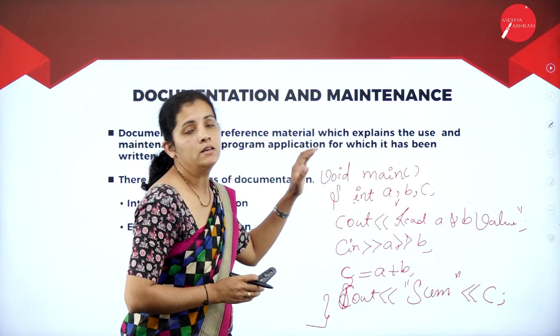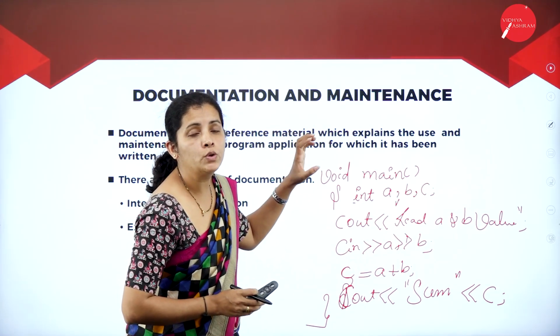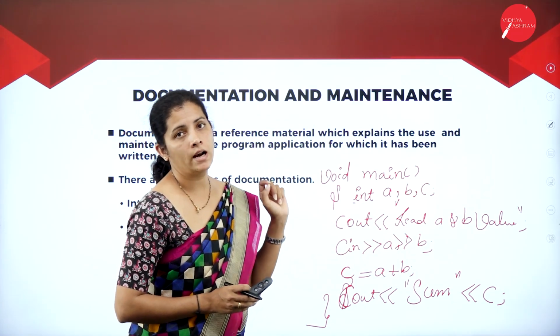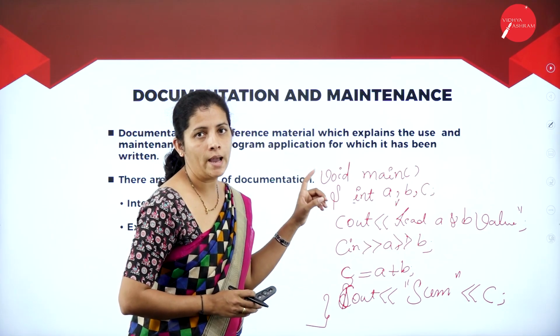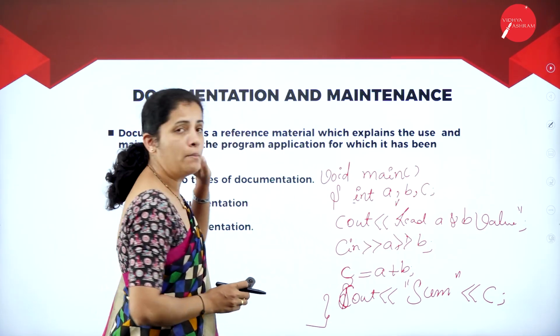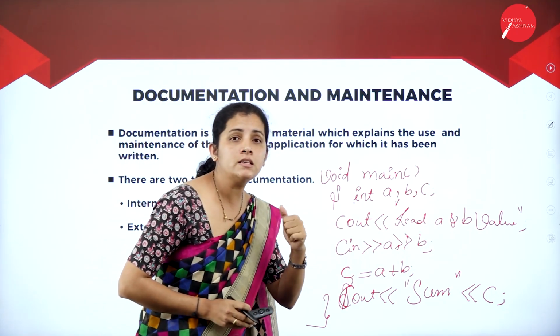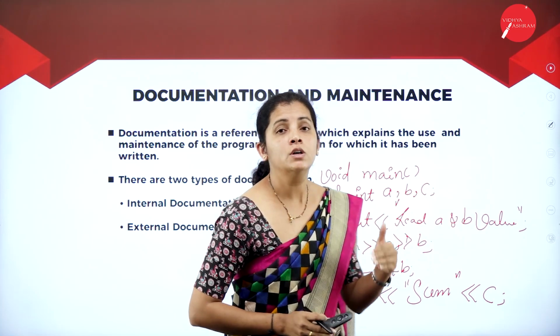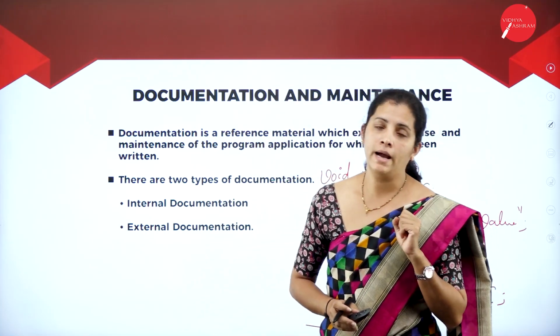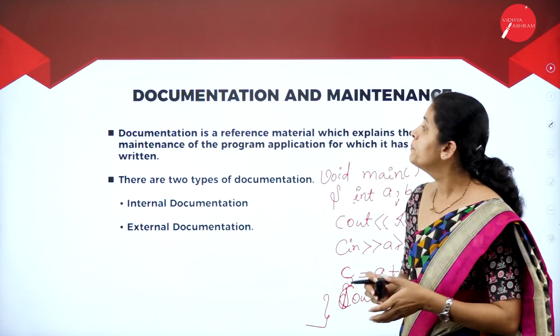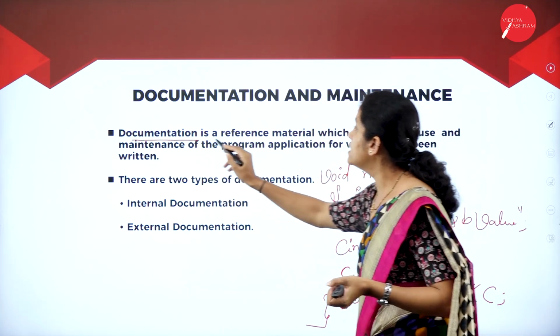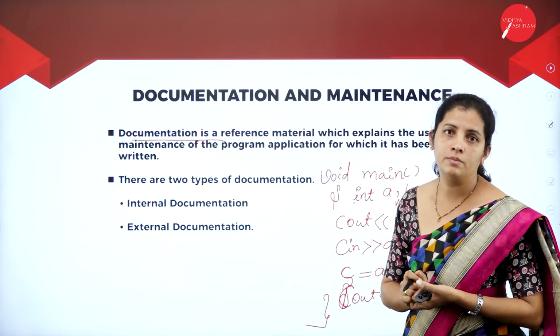Now this is the procedure I'm going to follow while writing my program. While preparing my documentation, I'm going to represent what things I carried out to complete my program. Documentation is nothing but referential material.